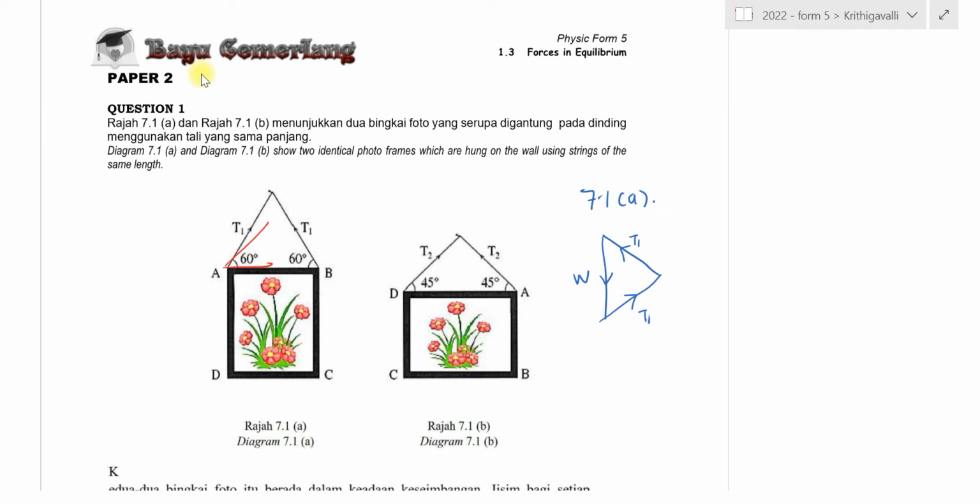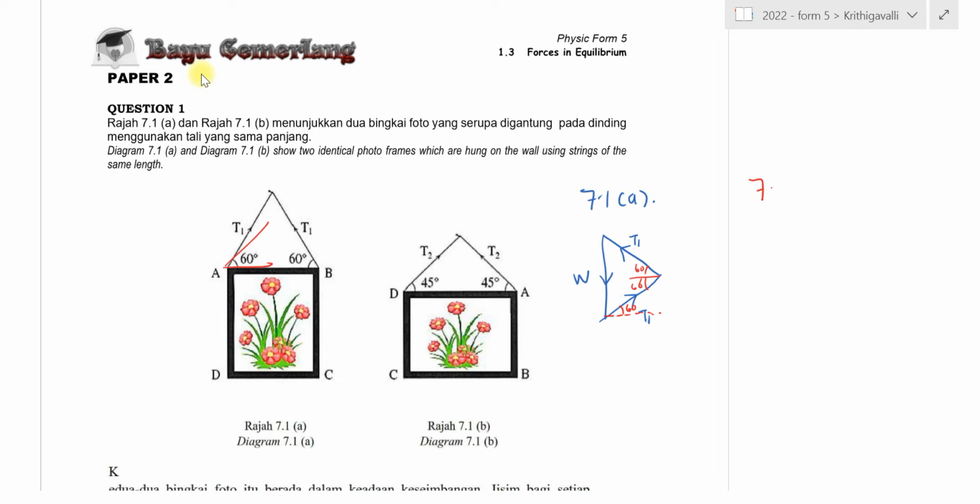T1 here is 60, so here should be 60. So for the zigzag, this part will be 60 degrees, and then for T1 this should be another 60 degrees. So totally here is 120 degrees.